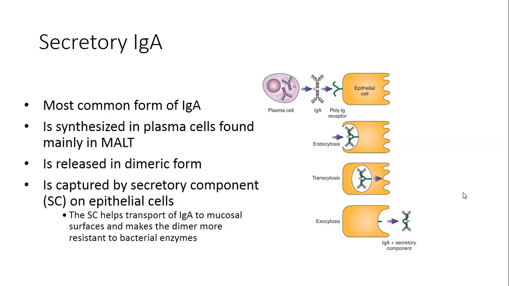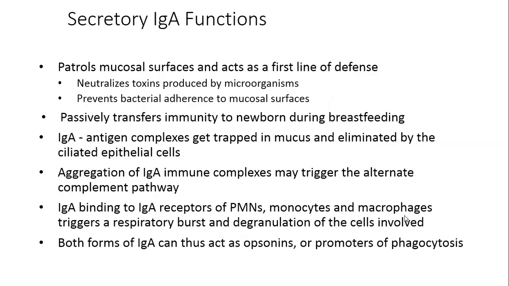The good news is, as I said on the last slide, that secretory component that we've attached through this process within the MALT makes that IgA really resistant to bacteria and the action of bacteria. So the secretory form of IgA, now that we have that secretory component there, allows the IgA to patrol through the mucosa, acting as that first line of defense.